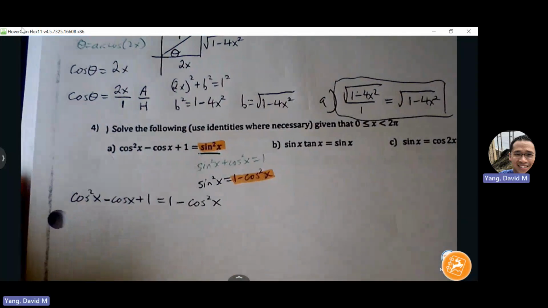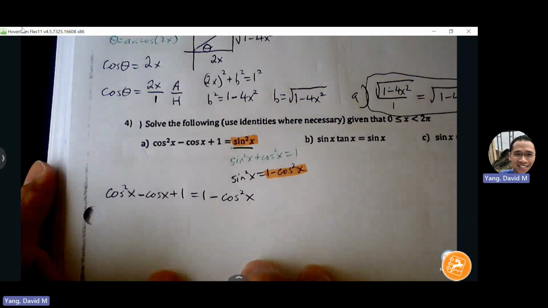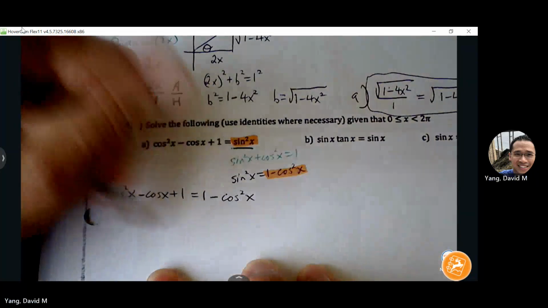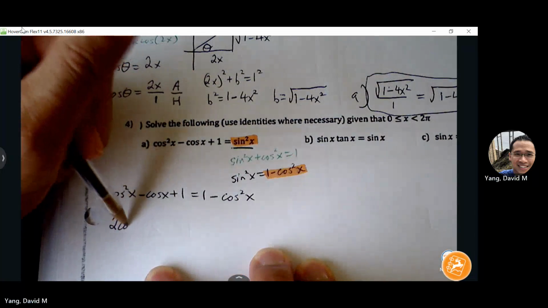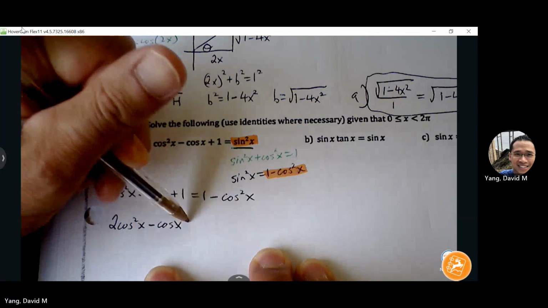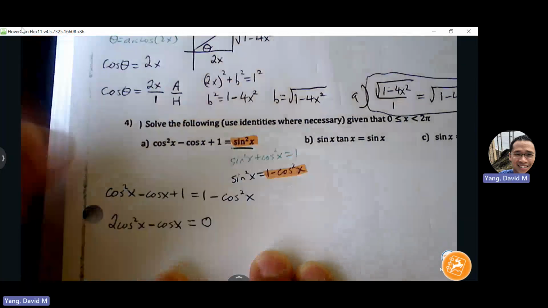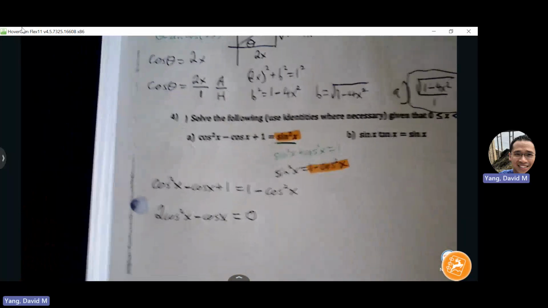So now that everything's in terms of cosine, let me bring everything over to one side and see if I can combine like terms. So add cosine squared to both sides. The nice thing is that the 1s cancel out, so I don't have to do trinomial factoring. I just have to take out the GCF, right?